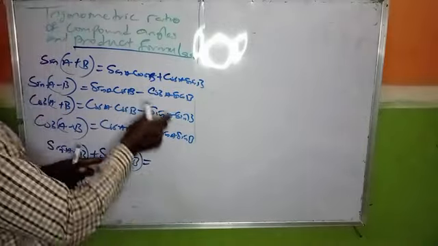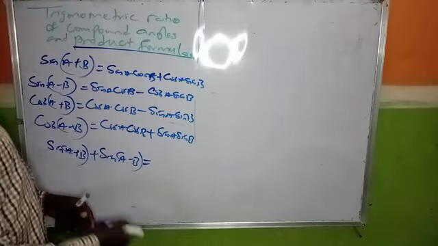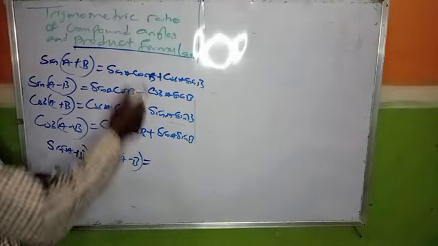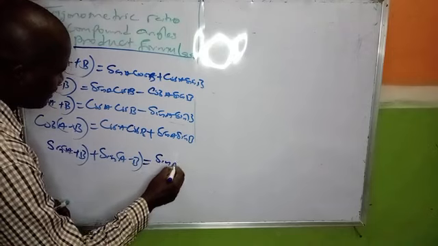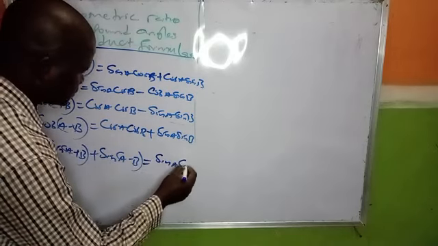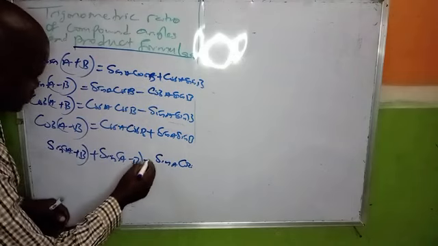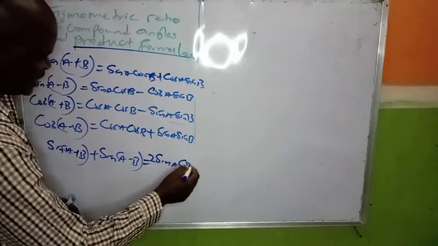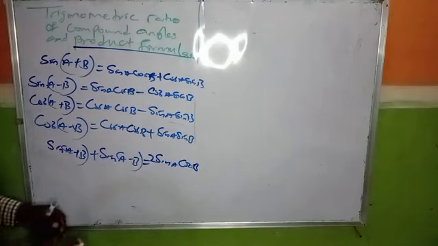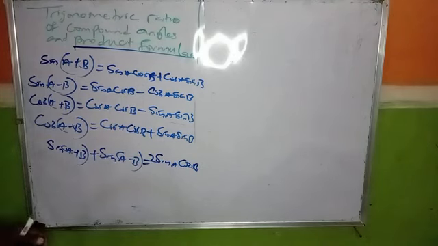So adding this one together, this one is 0, it has cancelled out. Okay, what do you have now? Add this one together, you will have sine A cos B plus sine A cos B. So you have 2 sine A cos B.